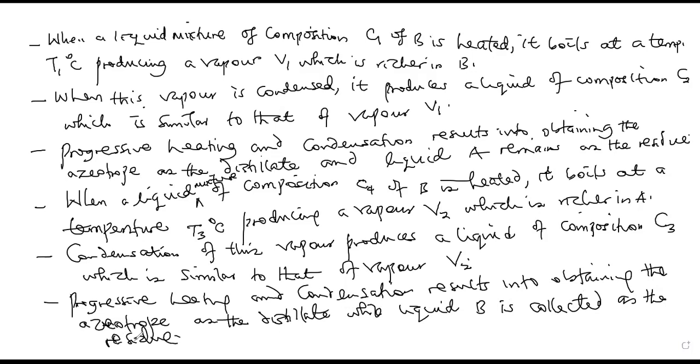So in a positive deviation, we collect an azeotropic mixture as a distillate while we collect the other components as residues, depending on where you are starting from, or depending on how you are carrying out your distillation.